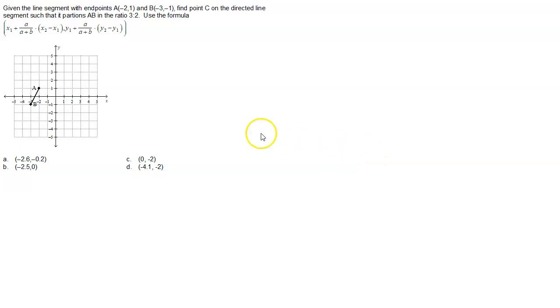So let's practice when we are given a line segment and we want to partition it so that it's a given ratio. When we say partition, we've seen finding midpoints, where you're finding exactly the middle of a line. Partitioning just means, if you want a 3:2 ratio, like in this question, you would be a little bit further to the right.